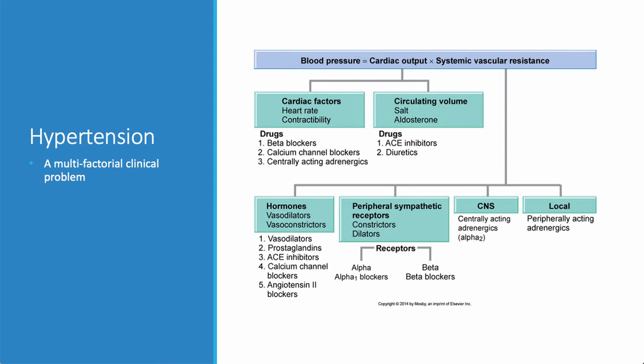There's peripheral sympathetic receptors that contribute to the blood pressure. There's central nervous system contributors, and then there's local effects as well. All of these things mean that we have to manage blood pressure in multiple ways.